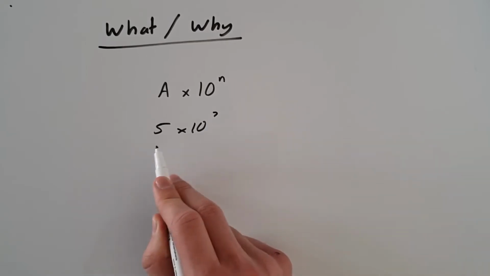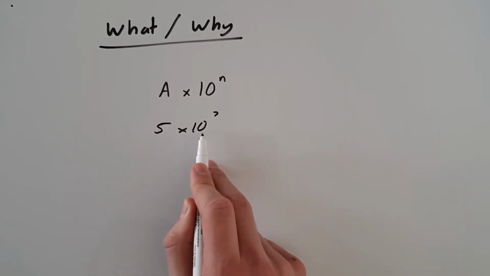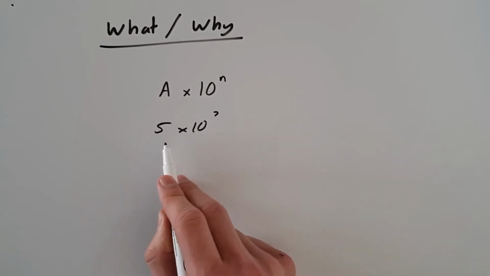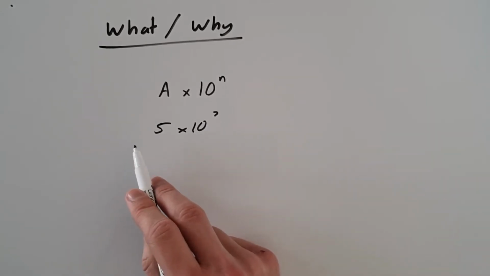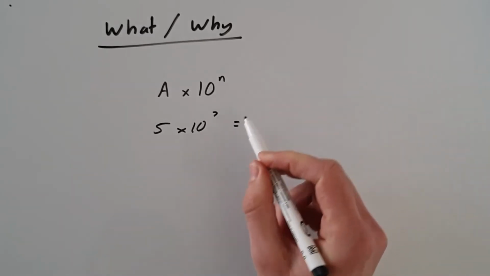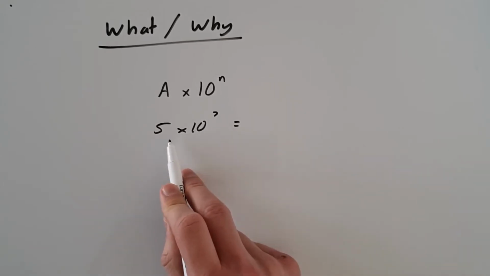Okay, so the way it works then is if we start with our number here, so our 5, whatever number we have here, the 10 to the power of this tells us how many zeros there are before or after this number. So because this is a positive number, that means that this is a really big number.